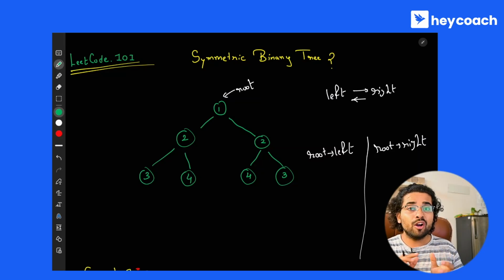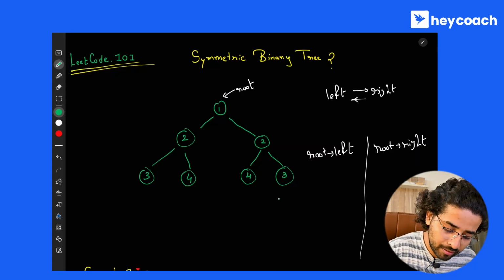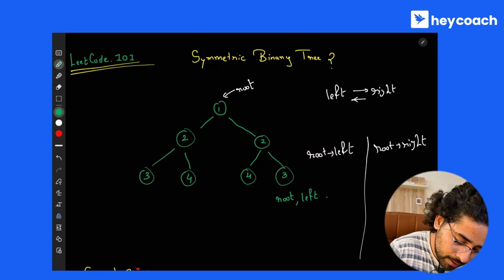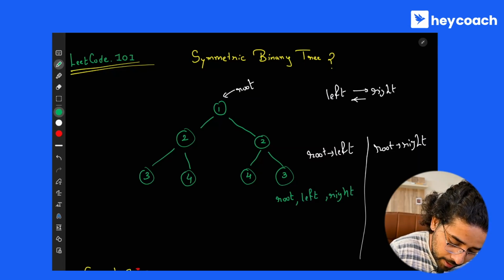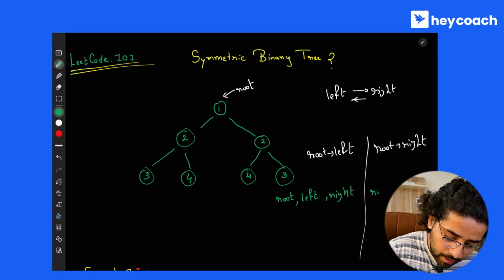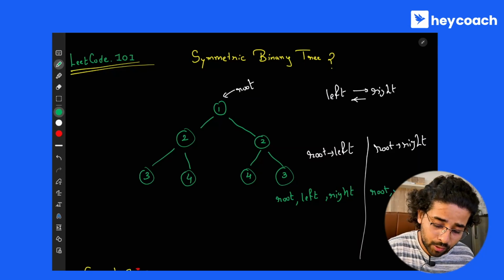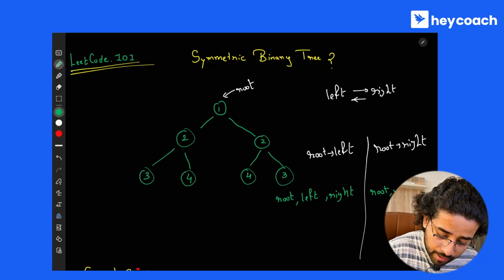If I do an in order traversal on the left subtree and on the right subtree, how does the traversal look? We need to pass the root, then the left, then the right, and on the right side also we need to pass the root, then the right, and then the left.